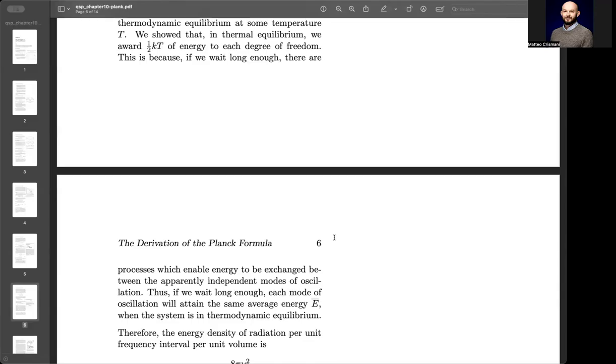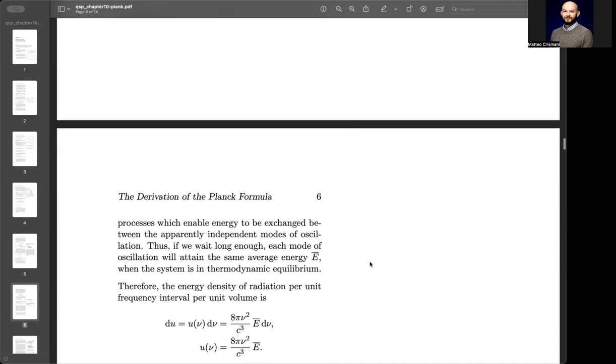And in fact, we don't. When we look at gases as a whole, we find that they put 1/2 kT into each degree of freedom that they are afforded. And if you wait long enough, they have the same average energy when the system is in thermodynamic equilibrium. So what that means is that I can make a statement here about the total energy density.